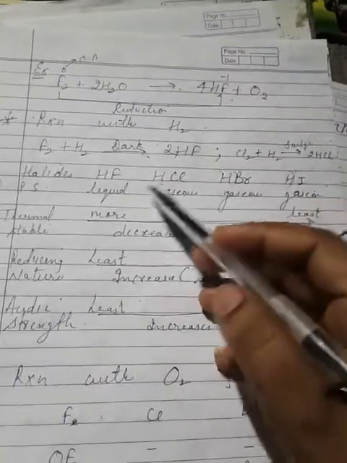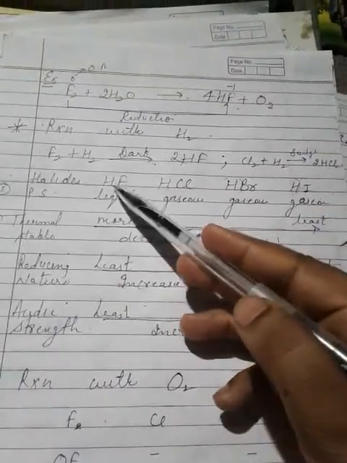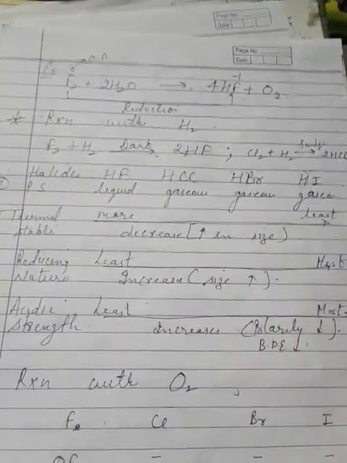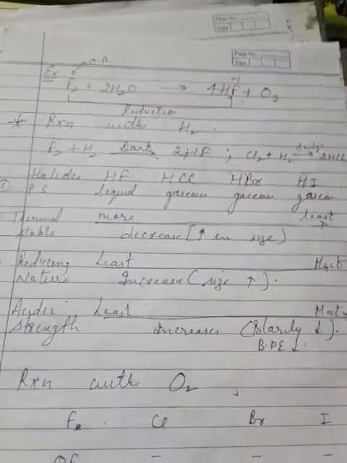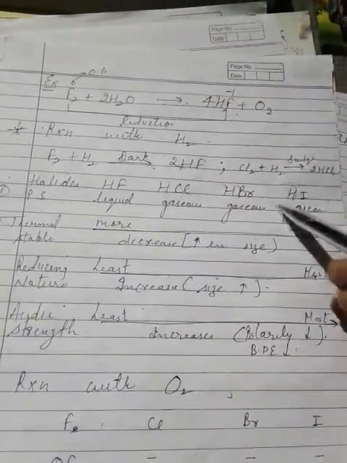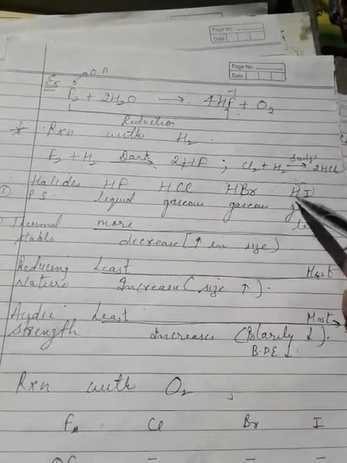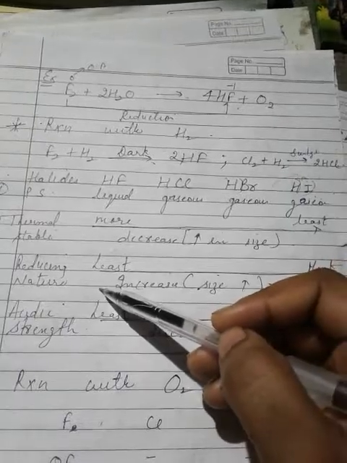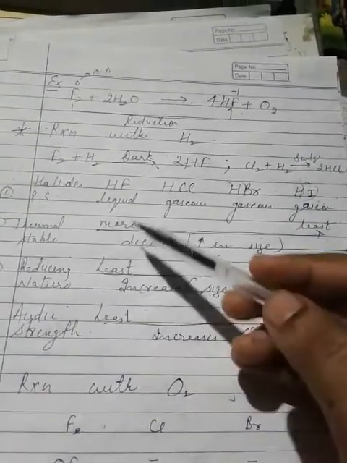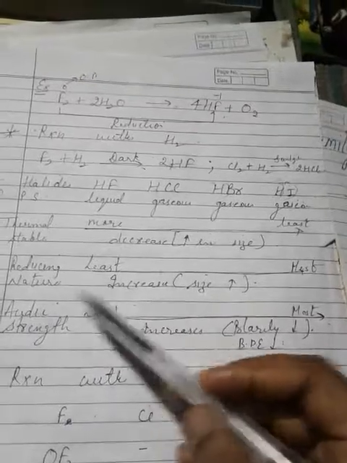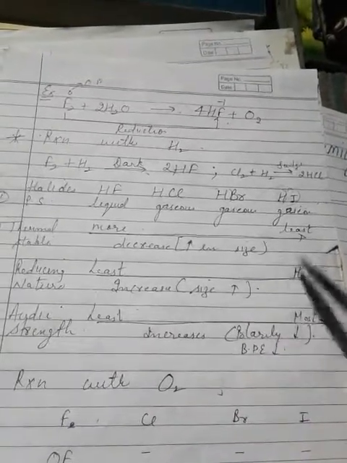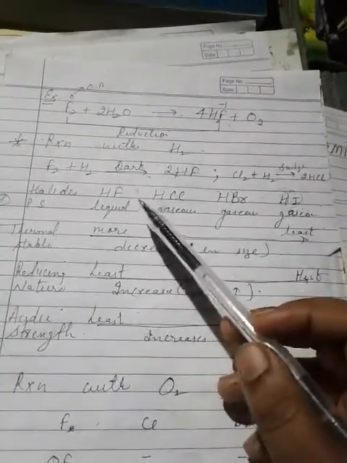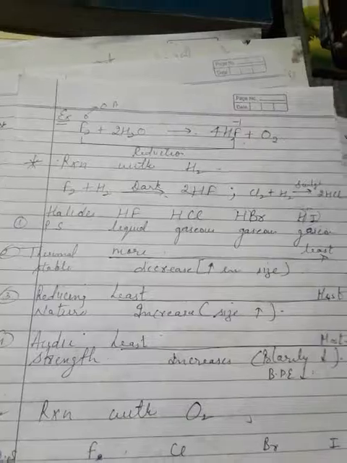Now can you answer which among HF, HCl, HBr, HI has the highest tendency to release H? That will be HI, because the size is bigger, so it is easy to break the bond between H and I. So from HF to HI, the reducing nature increases because size increases. The most reducing will be HI, and the least reducing will be HF.